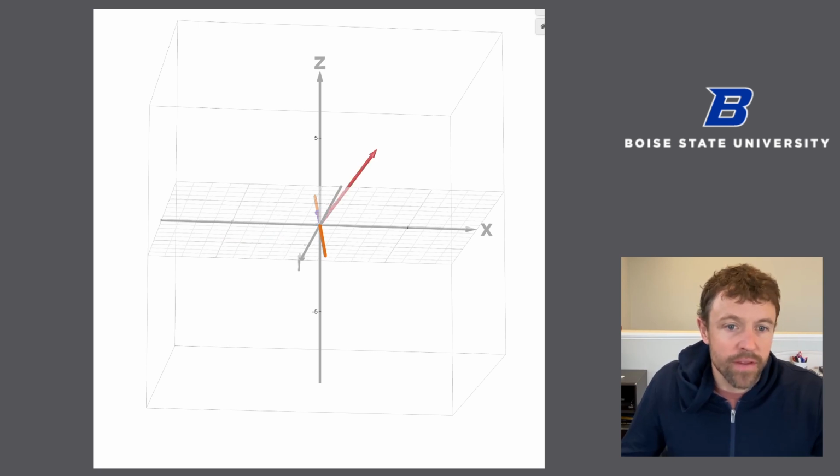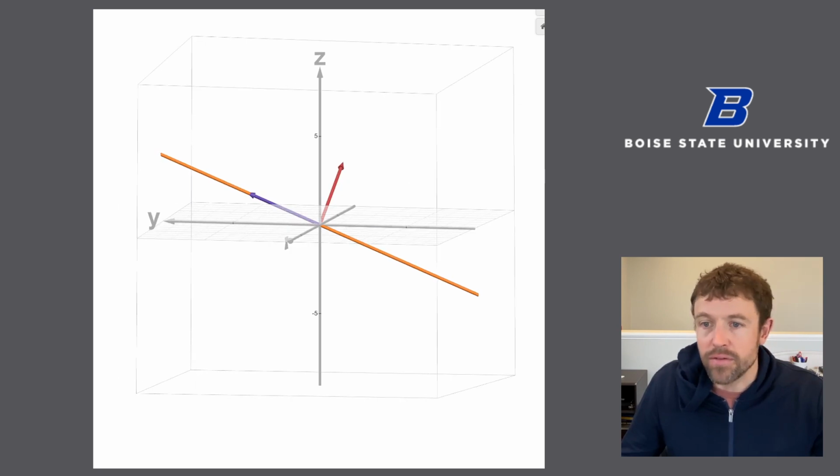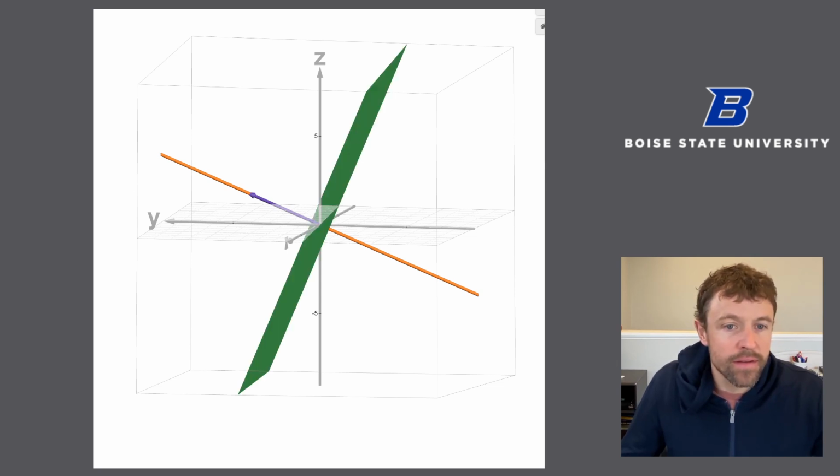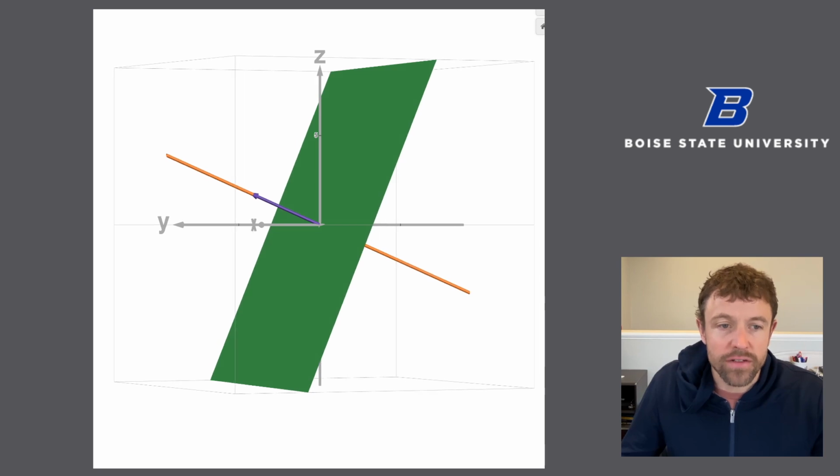Similarly, this red vector is something that's orthogonal to everything on the orange line. And you can maybe see where I'm going. That green plane that we were looking at initially consists of all of the vectors that are orthogonal to everything on the orange line.